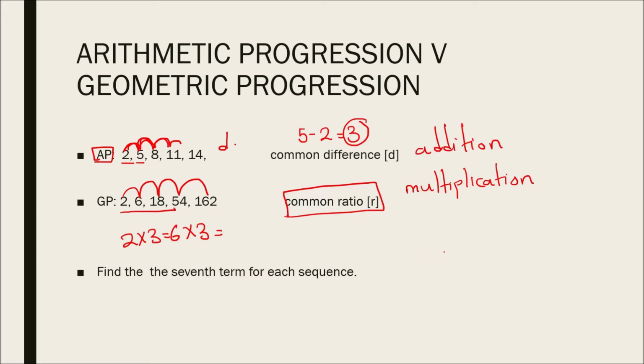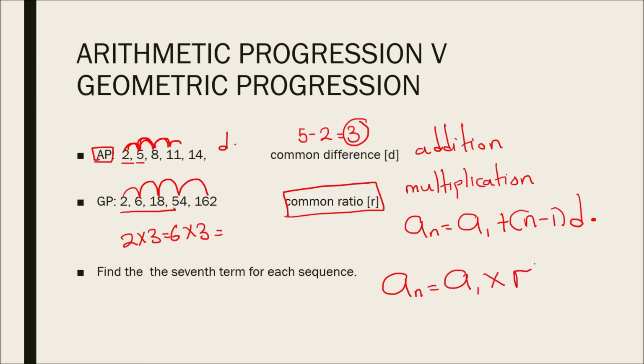The first thing we need is the formula for the nth term. What's the formula for the nth term of an arithmetic sequence? That's a_n equals a1 plus (n minus 1) d. And the formula for the nth term of a geometric sequence is a_n equals a1 times r to the power n minus 1.